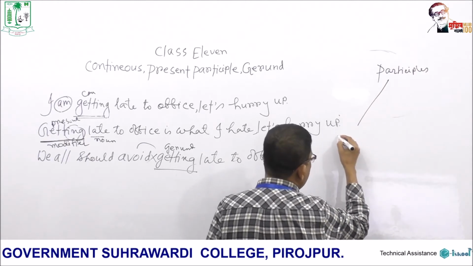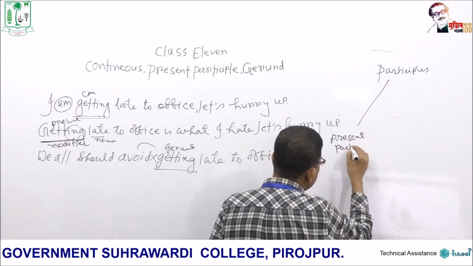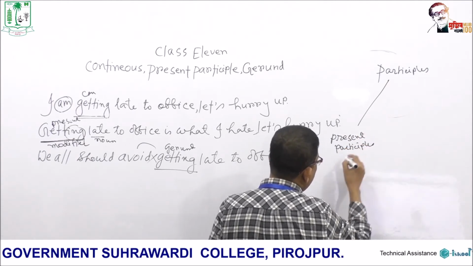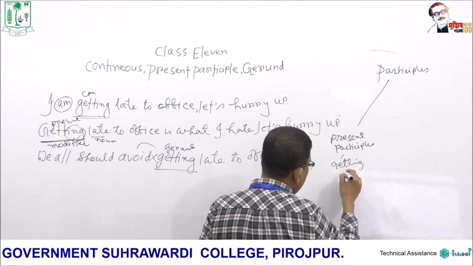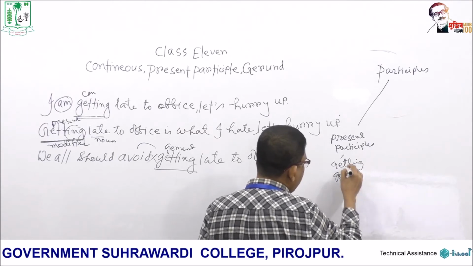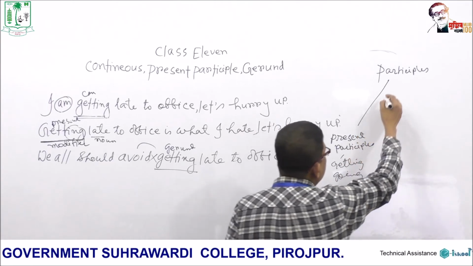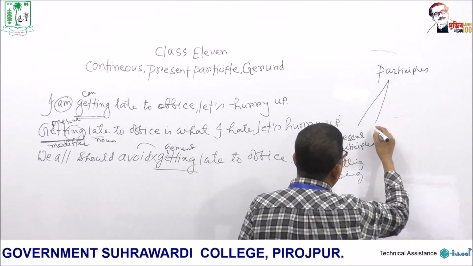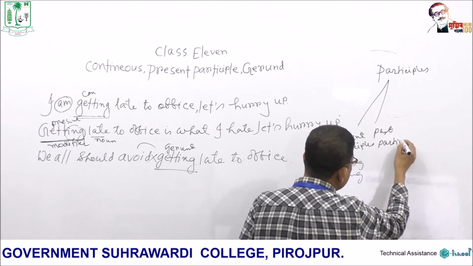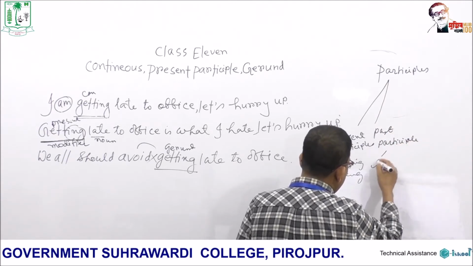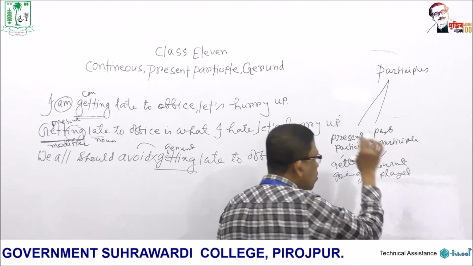Participles are of types: present participles, for example, getting or going when they function as an adjective, and then past participle, like burnt or played, they also act like adjectives.